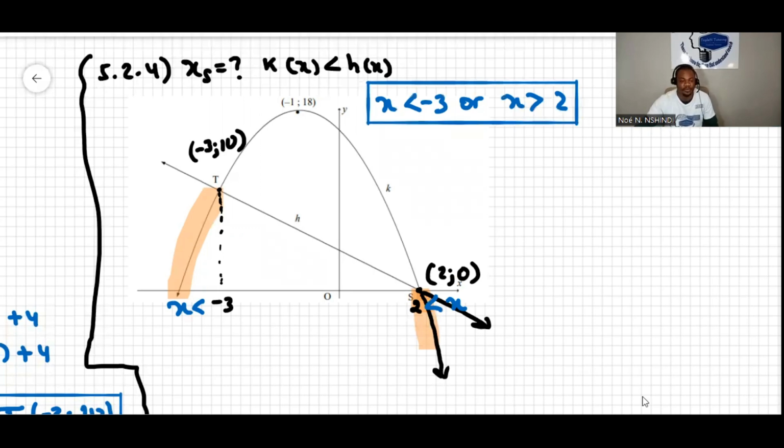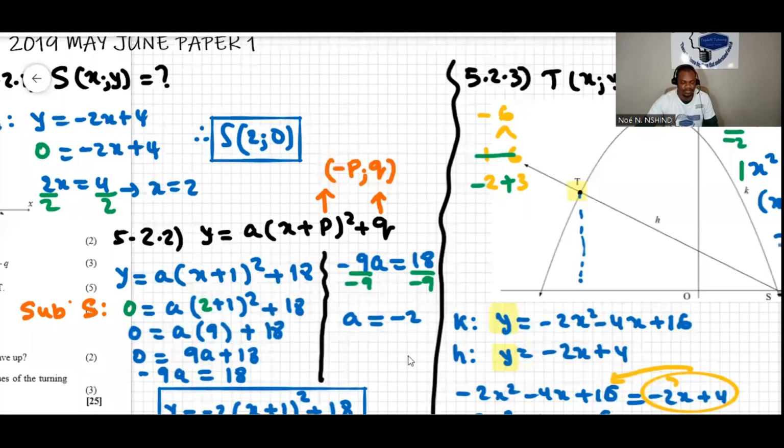Now the following question is question 5.2.5.